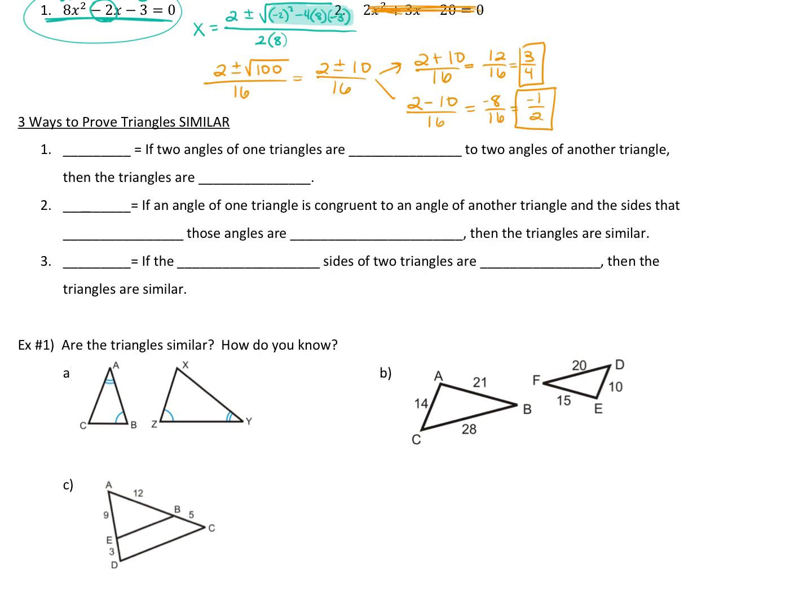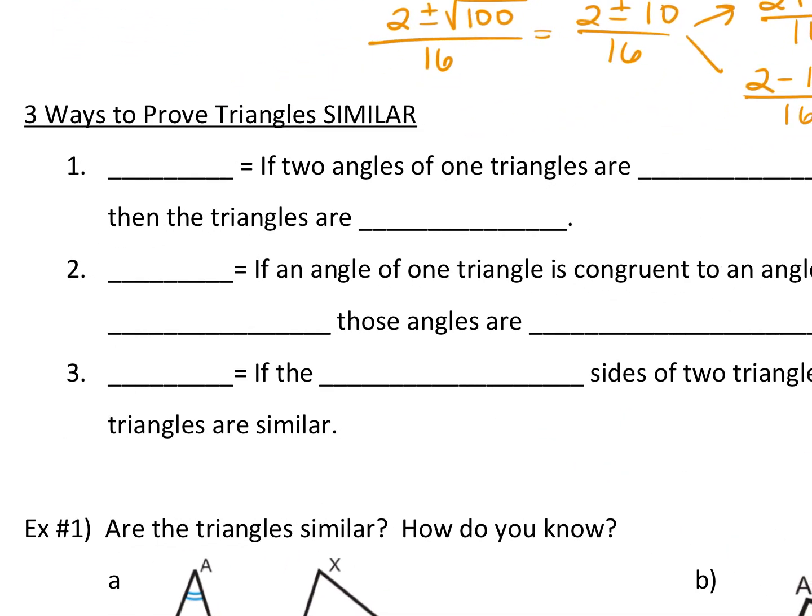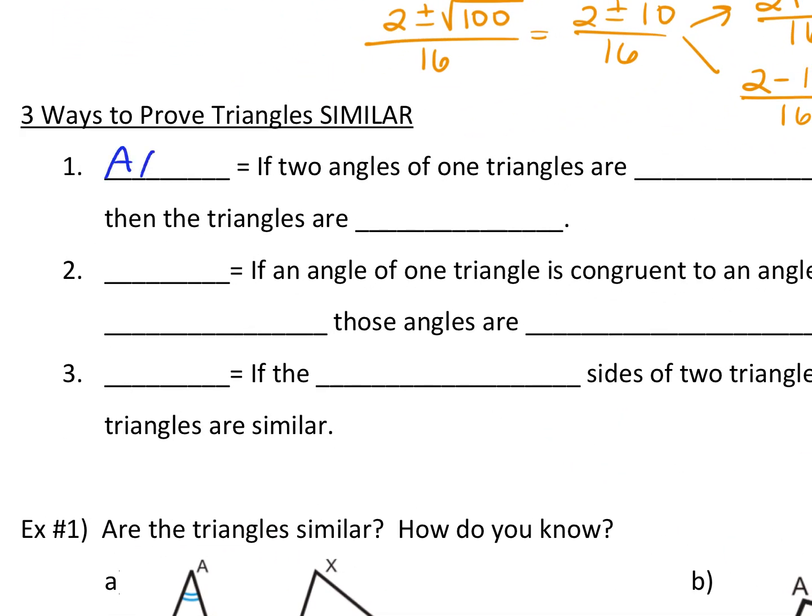So there are 3, okay? The first one is called AA similarity. And if you recall, on your chapter 4 test, there was a question that said, is there an AAA congruence theorem? There's not, right? The answer was no. But is there an AA similarity theorem? Absolutely, okay? Think about that. In similar triangles, what did we say was true about the angles?